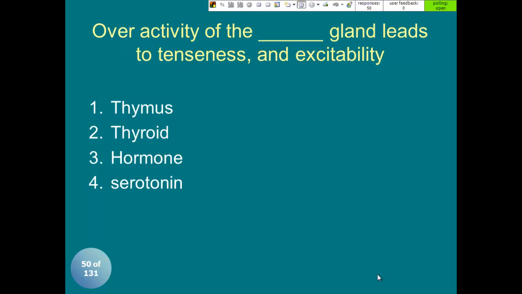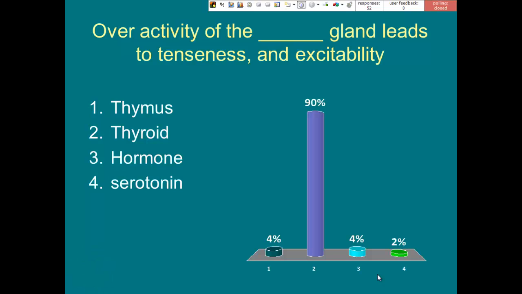All right, ready? Put in your answers. Let's go. 1, 2, 3. Everybody got it? All right, so 90% of you are correct. There are 3 key terms to this. The first one is gland.